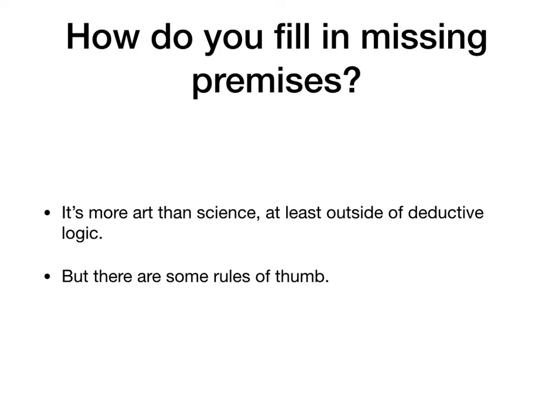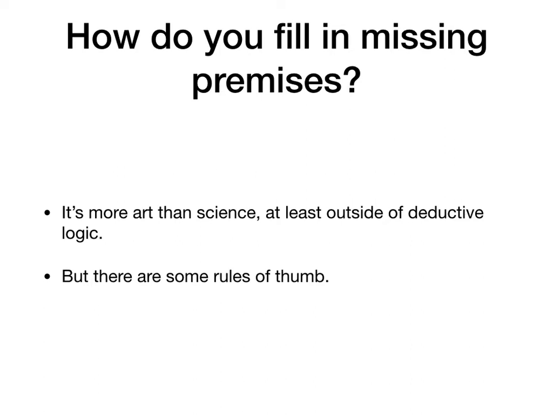As Lavin says, in deductive logic, this is a bit more obvious, right? In math, if you see 7 plus x equals 12, you know what x is, right? Deductive logic is exact in the same way. If you see an argument and it's not valid, which is a bit of jargon we'll use in deductive logic, and you see what would make it valid, it's as neat as my little simple equation there.